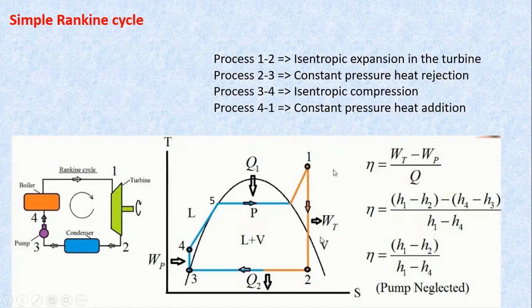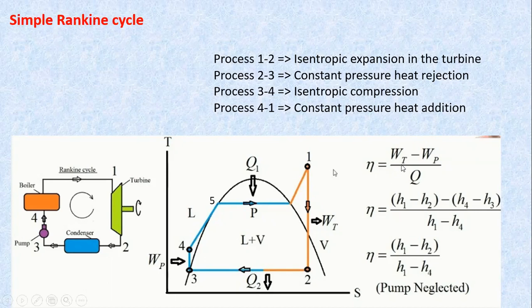But process 2 to 3 is isobaric heat rejection in the condenser in the simple Rankine cycle, whereas it was isothermal heat rejection in the Carnot cycle. Similarly, process 4 to 1 is isobaric heat addition in the boiler, which was isothermal in the case of the Carnot cycle.